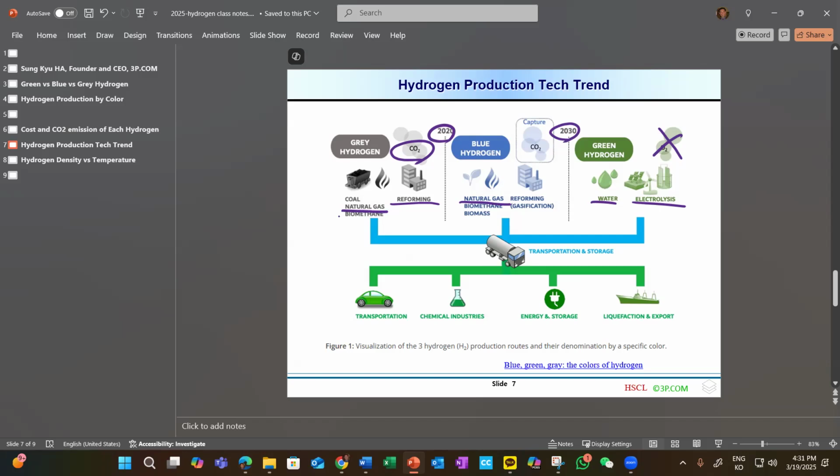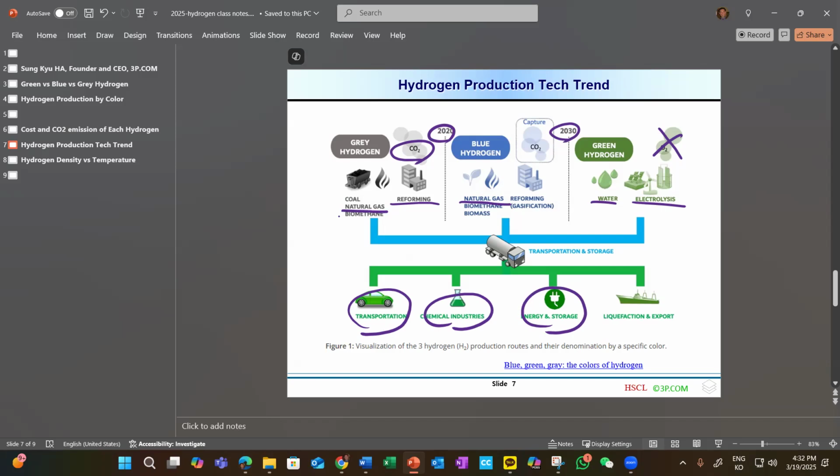Well, so transportation and storage, as you can see, transportation, the chemical industry and energy storage, and the liquefied hydrogen and export.